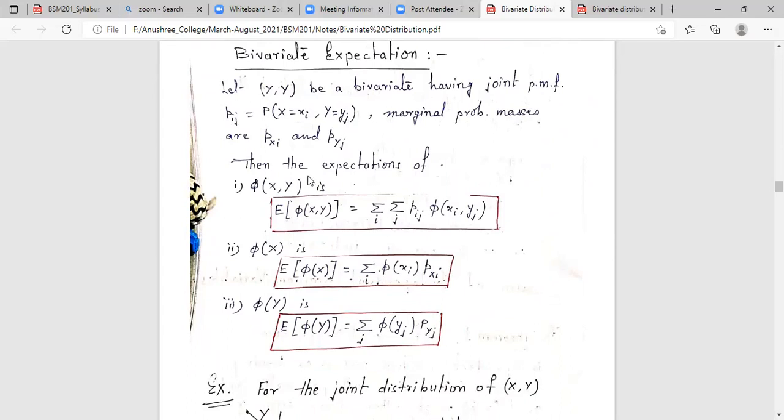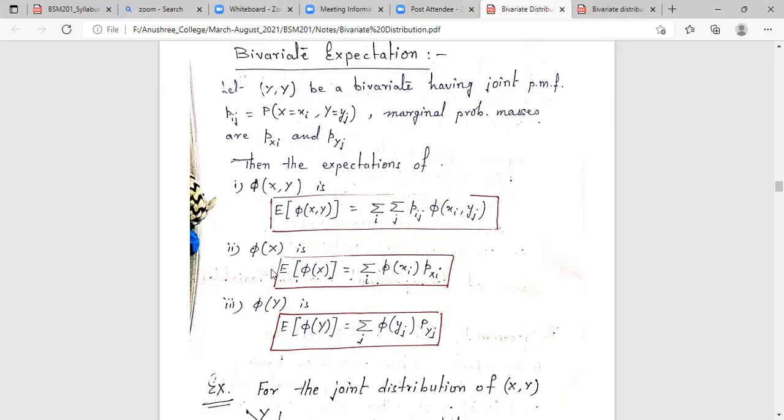And then the expectation of phi(X,Y) is equal to the double summation: first summation over i, summation over j, Pij, that means the corresponding probability for the pair ij, into the function phi(xi, yj).